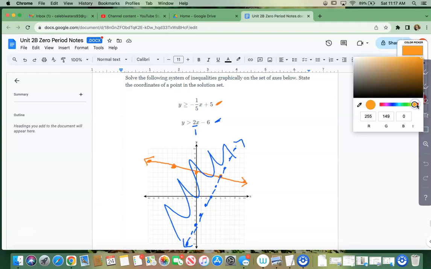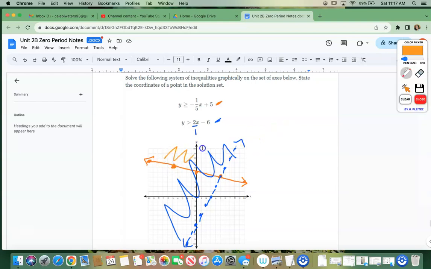Orange be this way. And then there's a little bit of overlap. Okay, it'd be this region all in here, right? So anything in this area where there's double shading would be an example solution. So I'm going to pick 0, 7 because it's smack dab in the middle of that. Okay, and then let's mosey along.